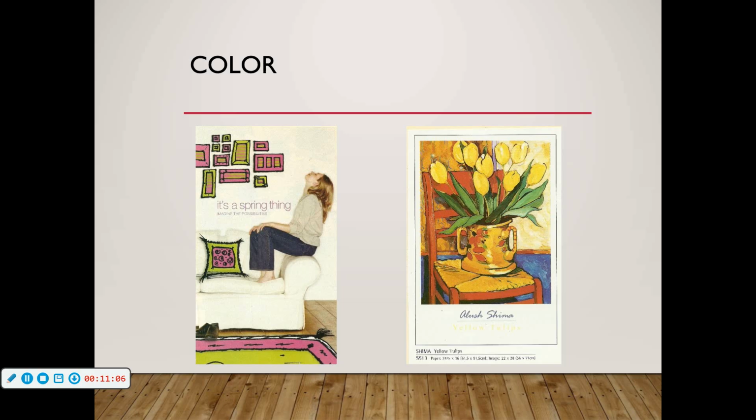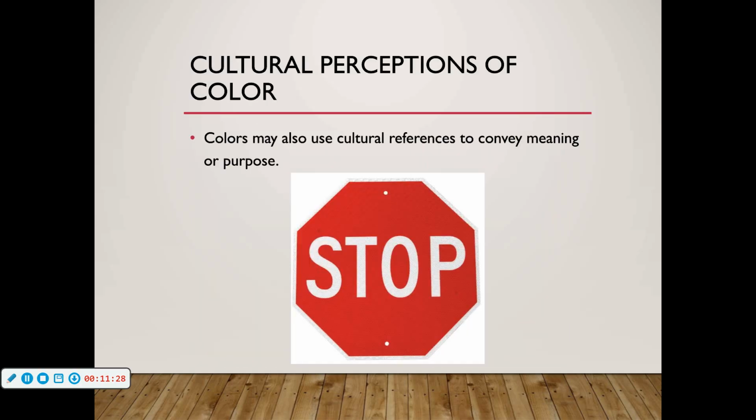If you had to put a season to these colors? Spring. Yeah, it's a spring thing, kind of giving it away here. But also yellow tulips and things that we see from our environment that we start associating with different seasons. That's a good example of referencing environmental color using graphic color. All right, we also have cultural perceptions of color.